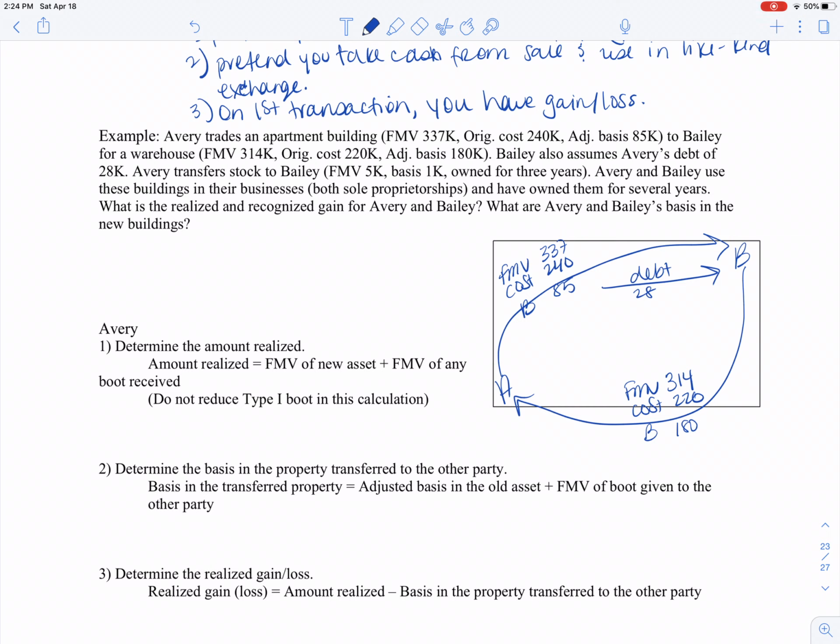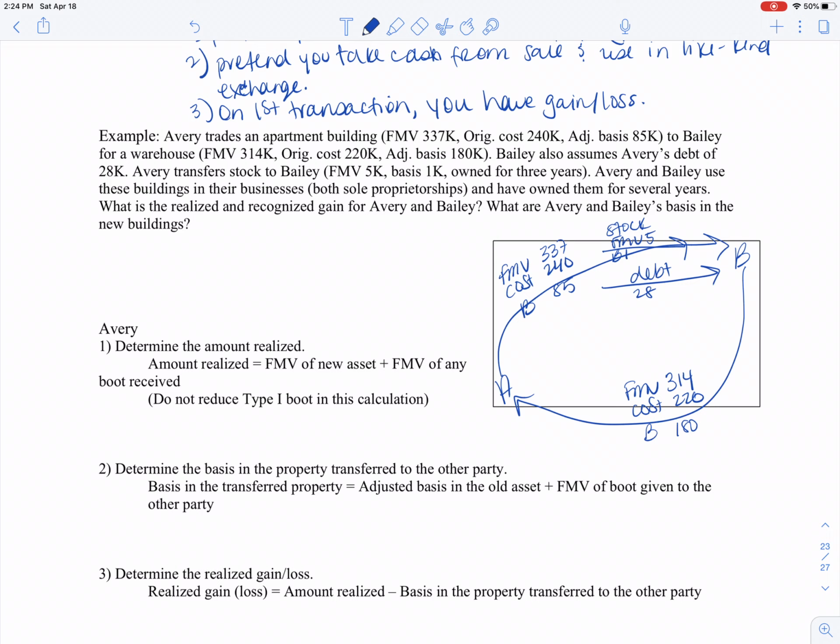Avery transfers stock to Bailey. There's also going to be stock. Fair market value 5, basis 1. It's been owned for 3 years. Avery and Bailey use these buildings in their business and have owned them for several years.